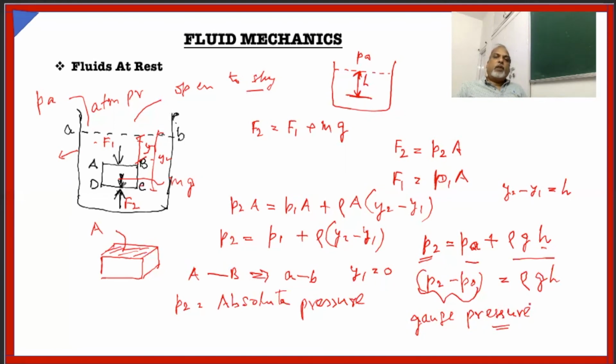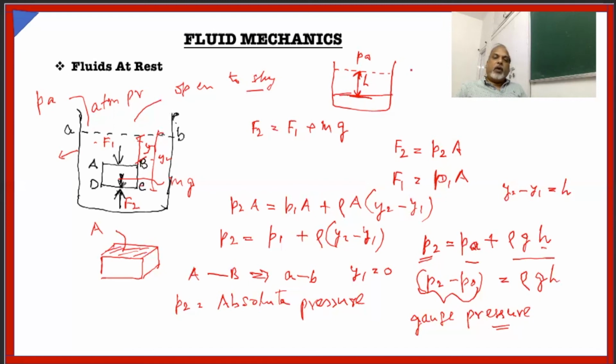So this proves that the pressure in a fluid is the same for all points at the same level. This is what in the last lecture also I told you. If points are at the same level, then the pressure will also be the same.